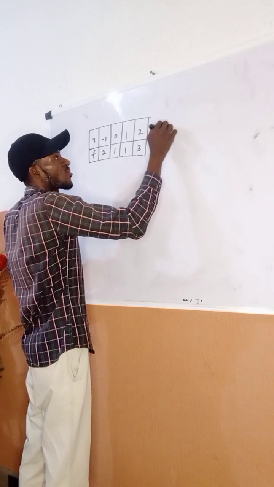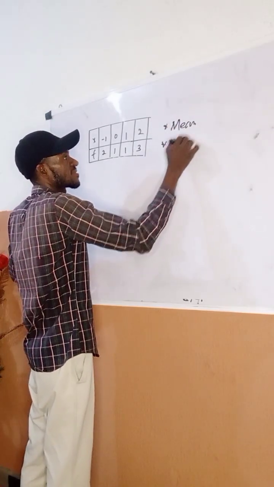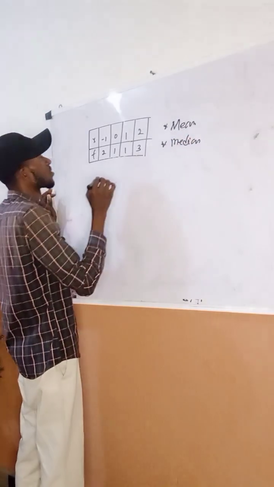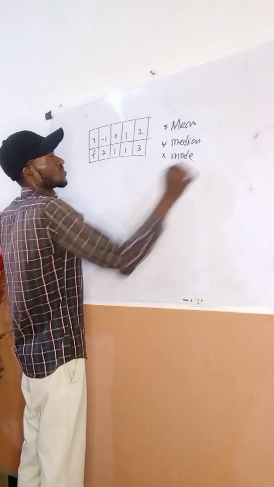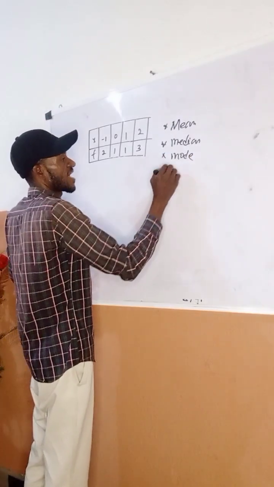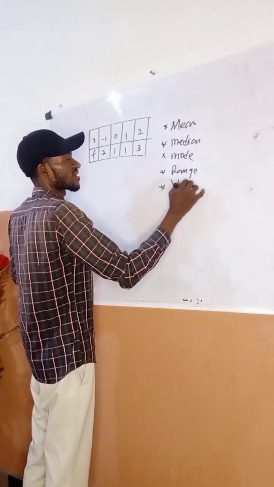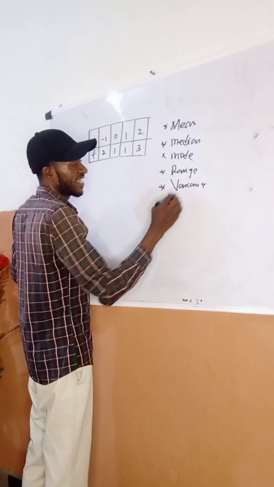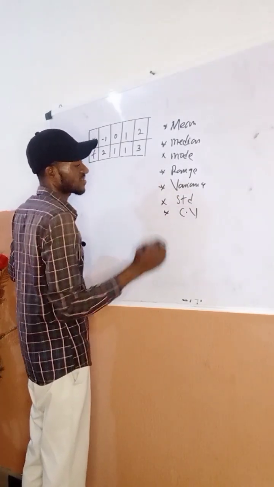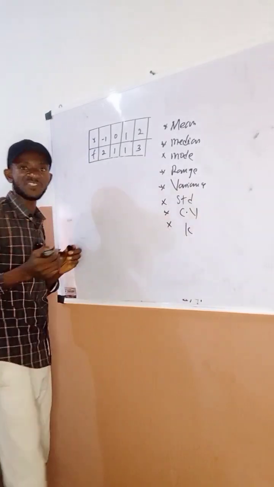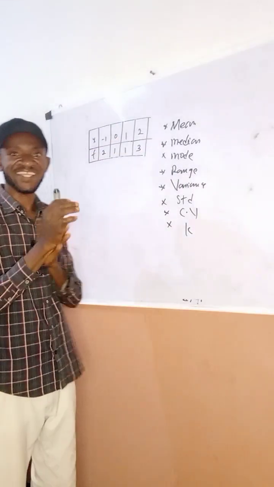We are going to use it to get the mean, the median, the mode, the range, the variance, the standard deviation, STD, the coefficient of variation, and K, the coefficient of skewness. So with this, we can say we have learned something about this.